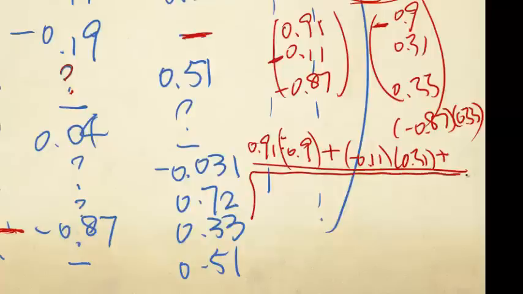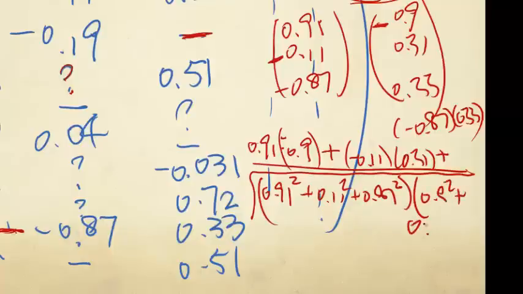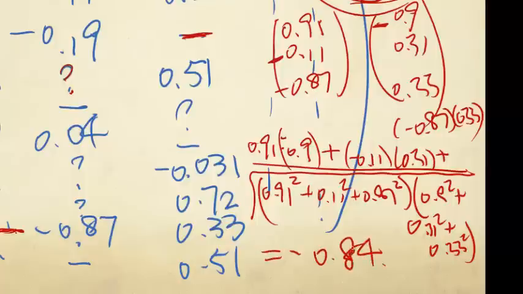So the square root of 0.91 squared plus 0.11 squared plus 0.87 squared, times 0.9 squared plus 0.31 squared plus 0.33 squared, and this is the formula for the cosine similarity coefficient dBC, which turns out to be minus 0.84.